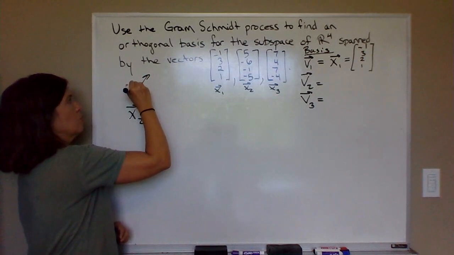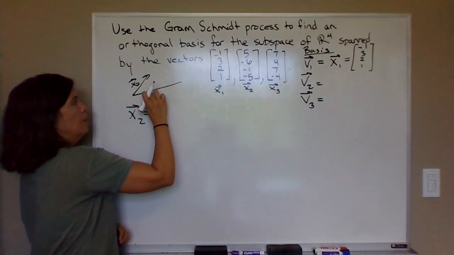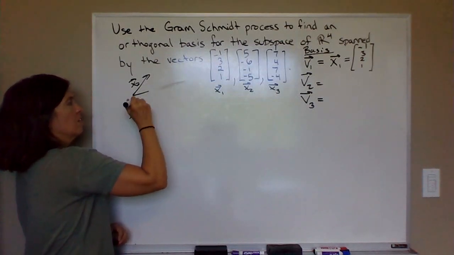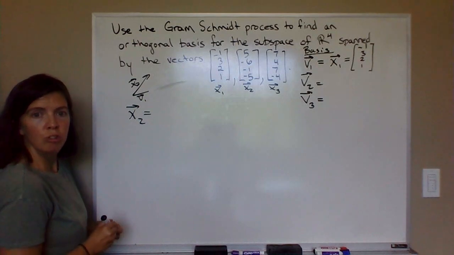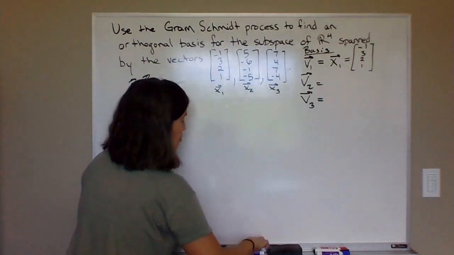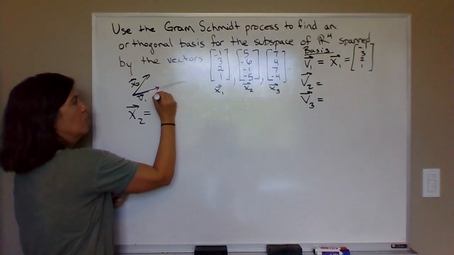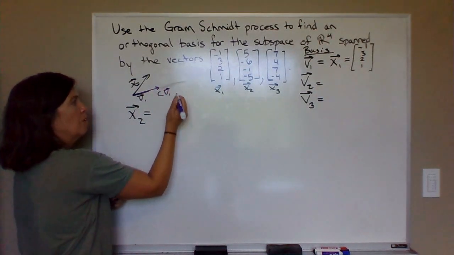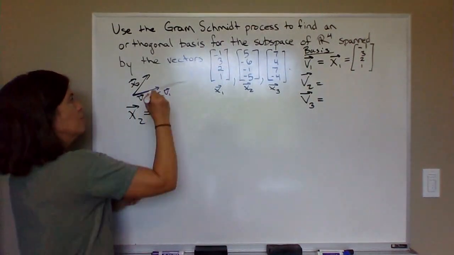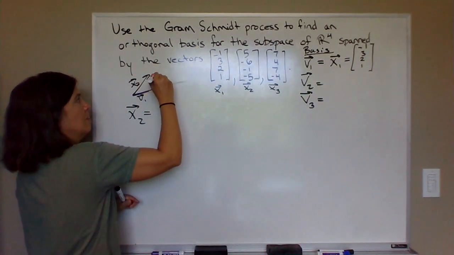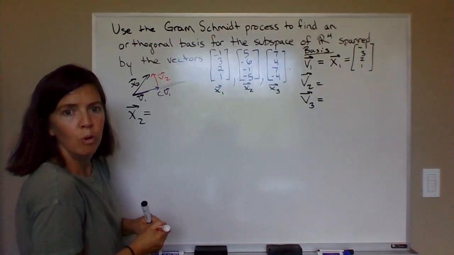Here's x2, and here's our first basis vector, v1. We want to express x2 as the sum of a vector that's already in the span of v1, so a scalar multiple of v1, plus a vector that's orthogonal to v1. And this is going to be our second basis vector, v2.